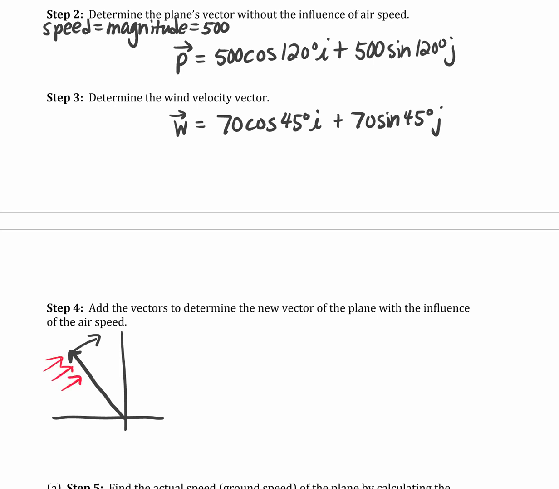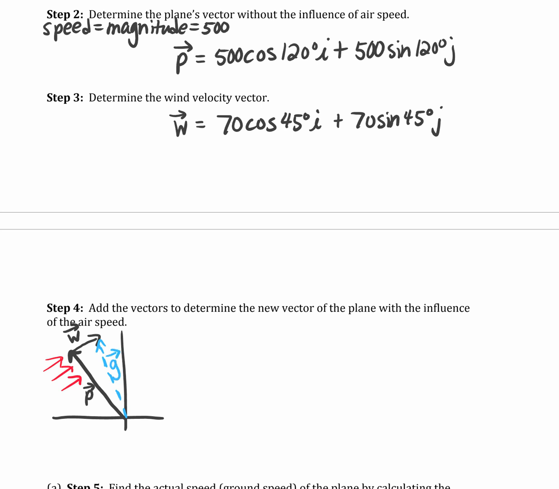It's taking our airplane and it's going to move it in a new direction so that we get a new resultant vector of the actual ground speed of the plane, which is the ground that the plane is covering while it's in the air. So I'm going to call this G for ground speed.